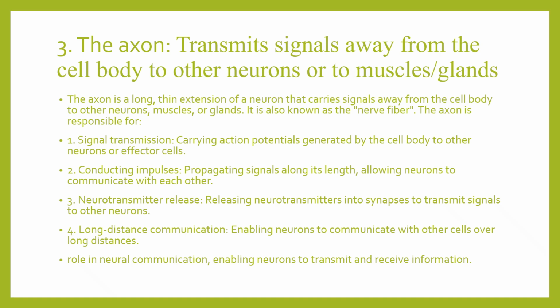Neurotransmitter release, releasing neurotransmitters into synapses to transmit signals to other neurons. And long distance communication, enabling neurons to communicate with other cells over long distances. Role in neuronal communication, enables neurons to transmit and receive information.